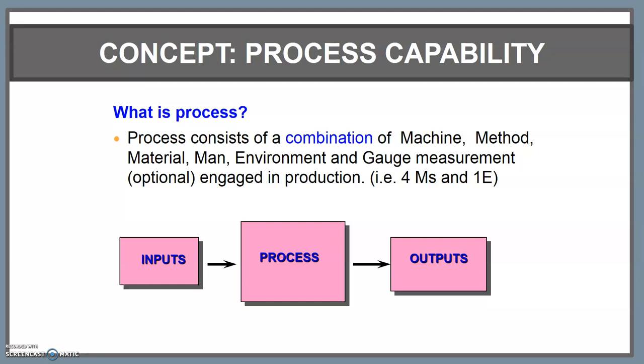Maybe you have the machine, the materials, the labor, and different environments in your operation field. Maybe your measurement has a problem. All these variations happen in the process. Anything you put into the process that comes out as another product is called a process.